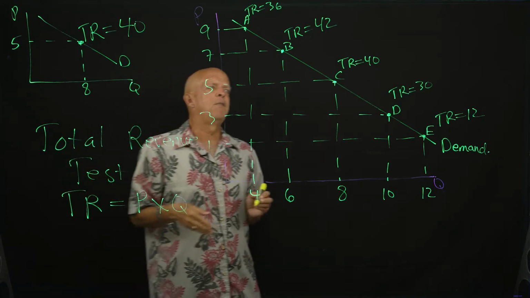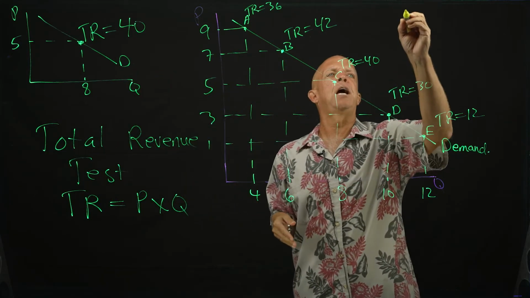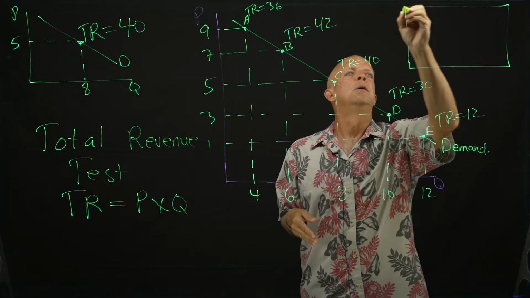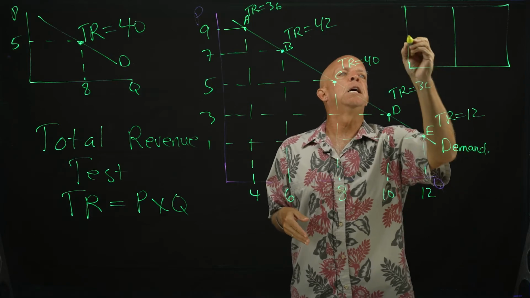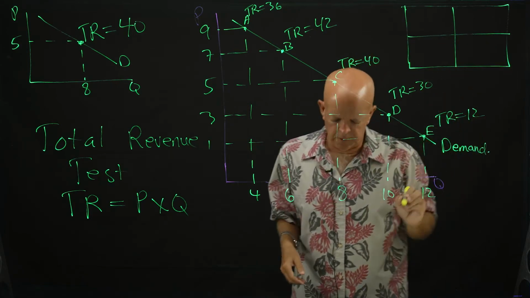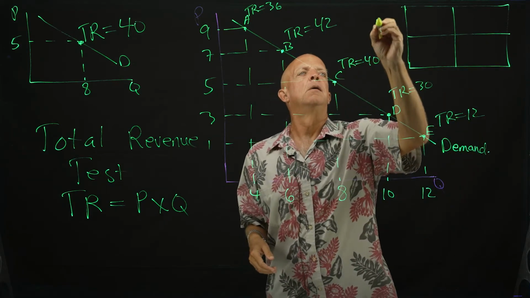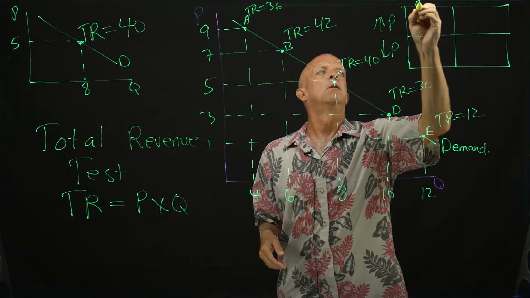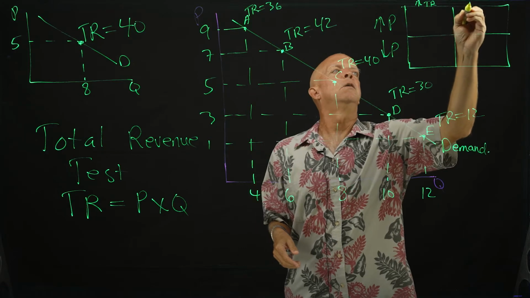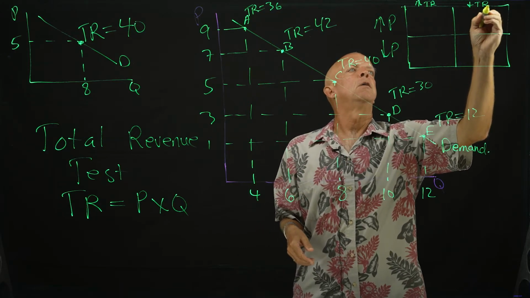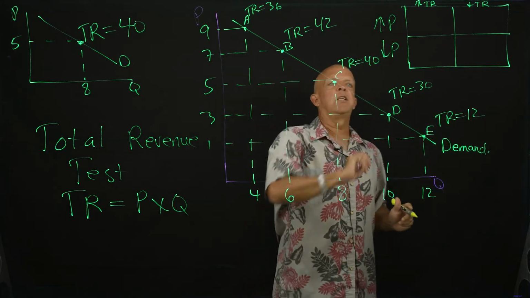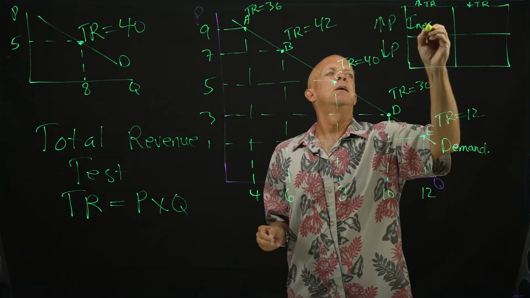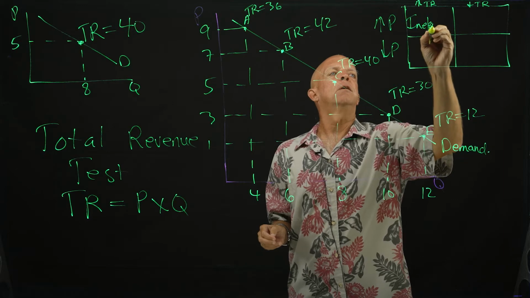We call this a total revenue test because there's a general relationship, and we can draw it right here. You'll see it done in different ways. Price, TR. If you raise your price and your revenue goes up, your demand is inelastic.